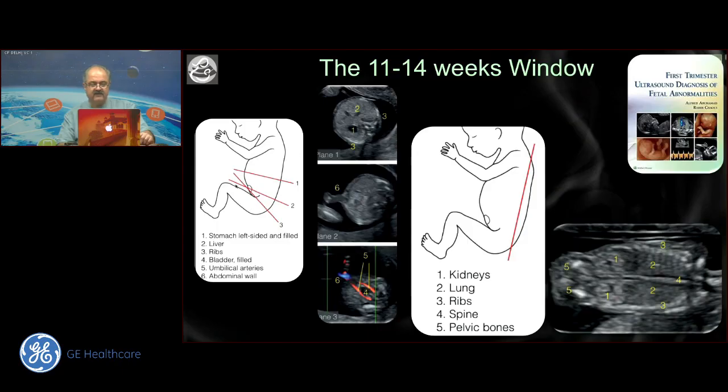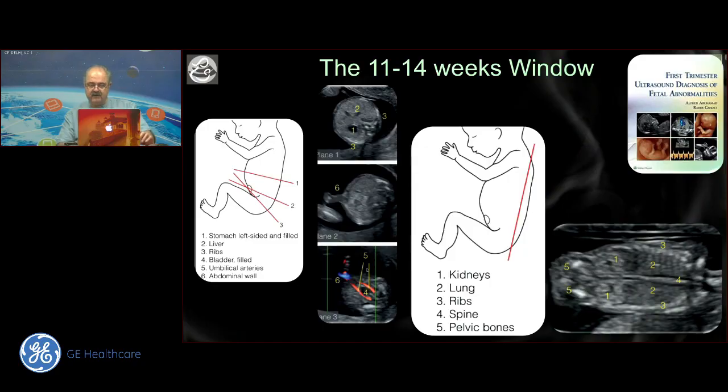The second section is at the level of the cord insertion. And again in this, depending on how you slice through, you may not see the kidneys at the back. And the third section is from the cord insertion down through the bladder, and here again you will only see the bladder.